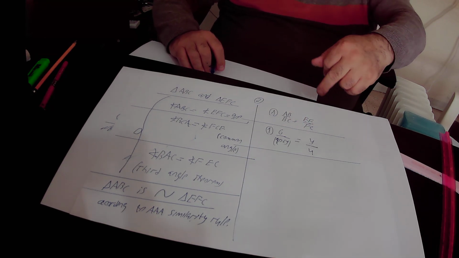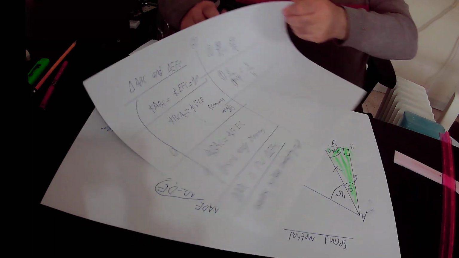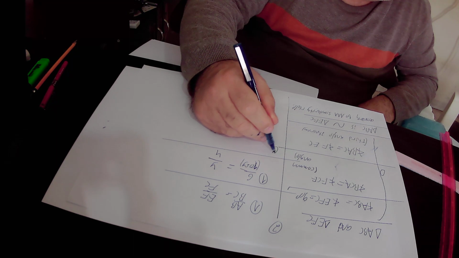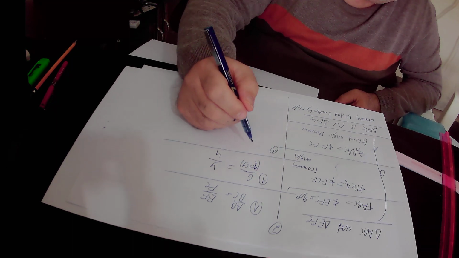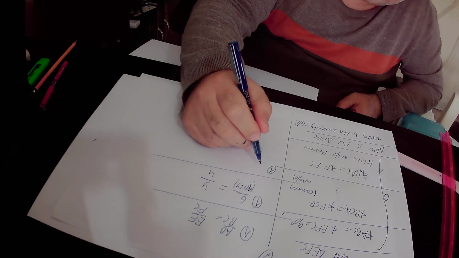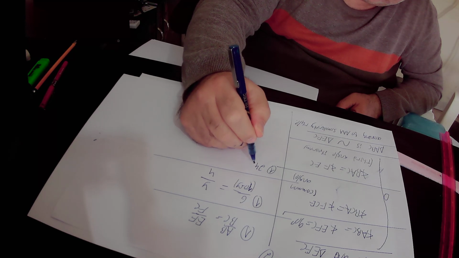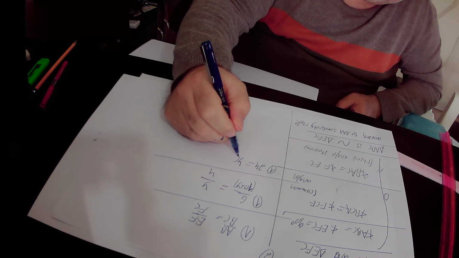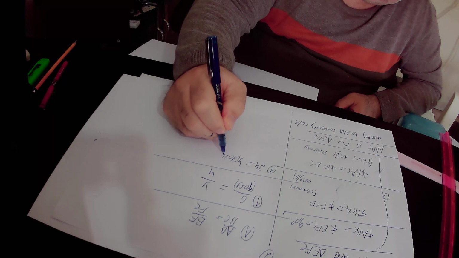Here we cross multiply equation number 1, and we get 6 times 4 is 24, and it is equal to Y times 10 plus Y.